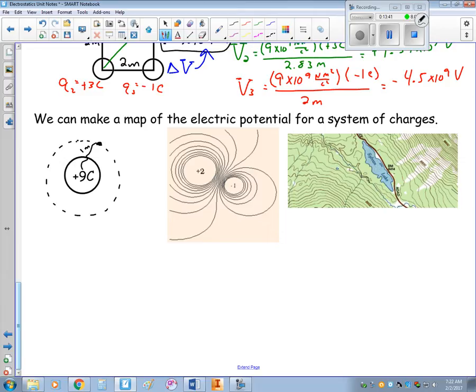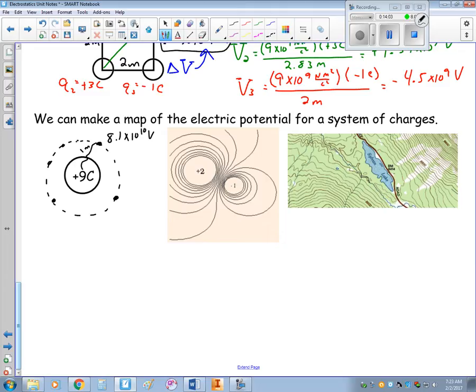So this point would have a voltage of positive 8.1 times 10 to the 10th volts. Notice that it doesn't matter where on this circle the point is. Everything on this circle has an electric potential of 8.1 times 10 to the 10th volts.